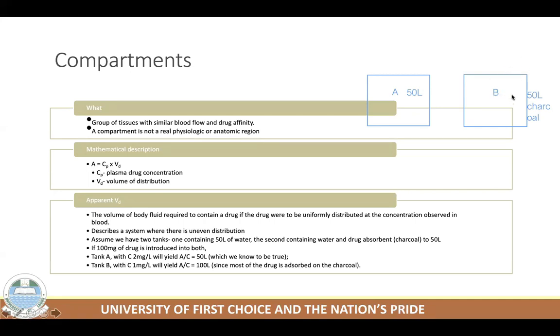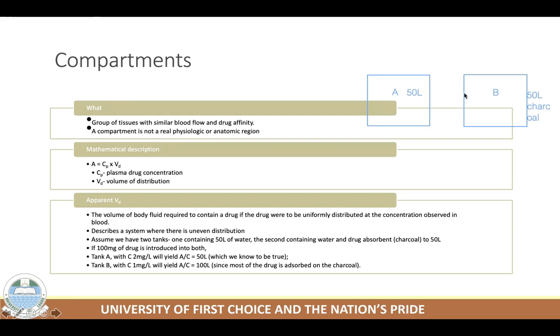Meaning that this appears to have distributed 100 milligrams of the drug in 100 liters of water, which is of course bigger than the actual volume of tank B, since most of the drug has been absorbed by the charcoal. Do you understand?